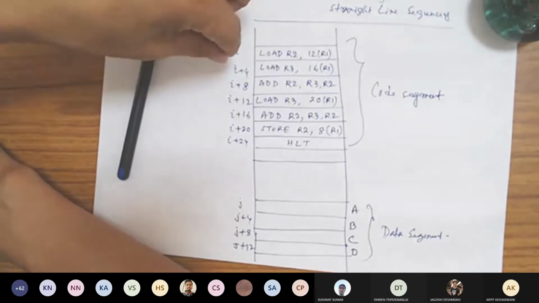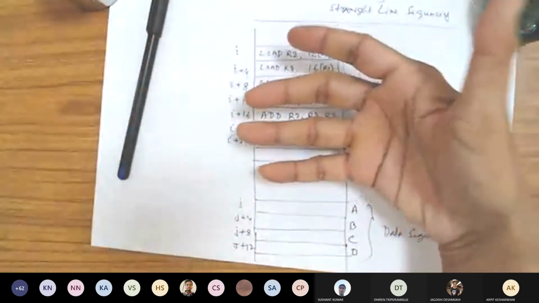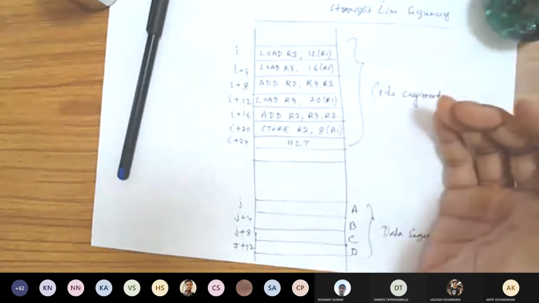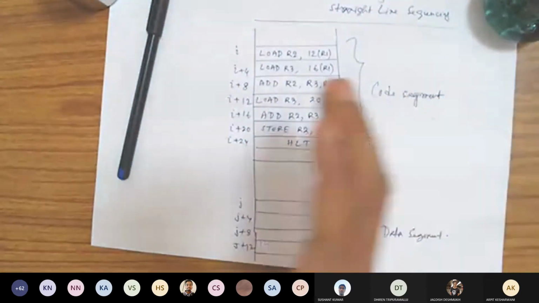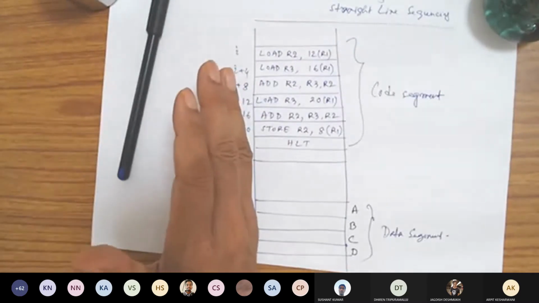The physical value, where it will be loaded while the program is getting executed, that will be done during runtime. Because this program, while you are writing it on the memory, may be in one place, but while it is executing, it may be in a different place.